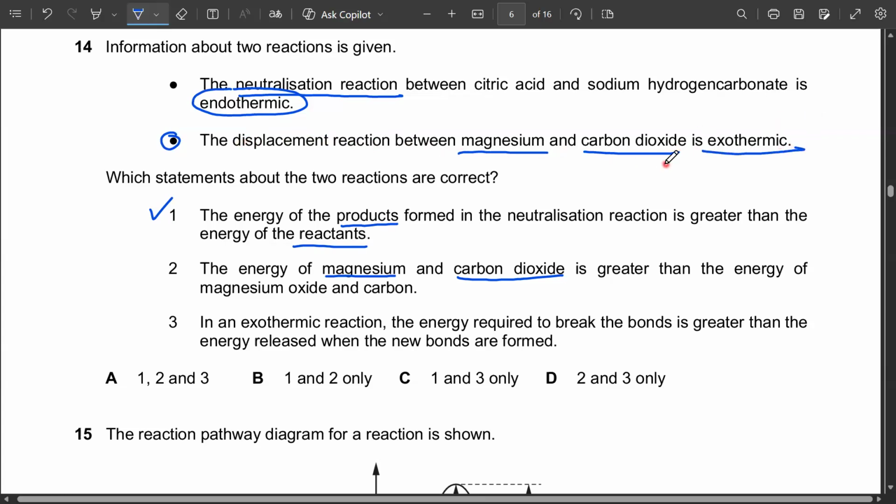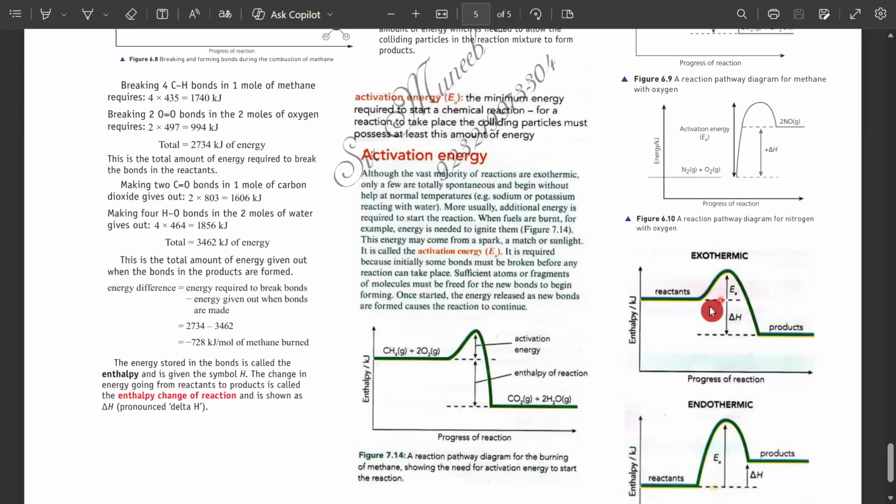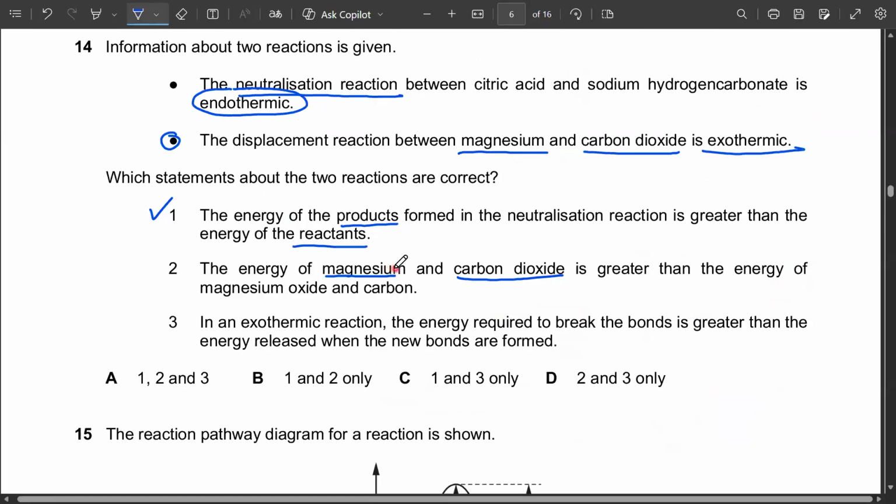So if the reaction is exothermic, then we again have to refer to the profile diagrams, and we see that in exothermic case, it is the reverse. Reactants have high energy and products have lower energy, which means the magnesium and carbon dioxide would have higher energy than that of the magnesium oxide and carbon, which would definitely be the products here.